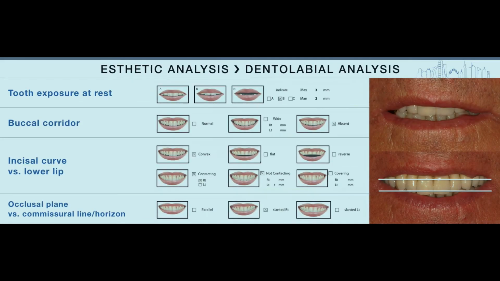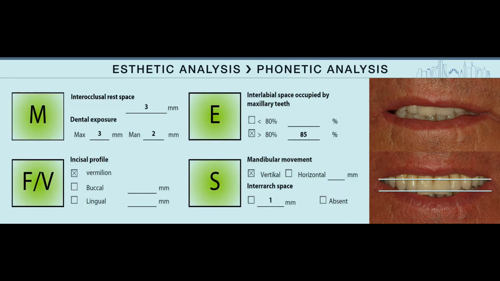Now, of course, we have further analysis for such cases. We have to go for the aesthetic analysis, and I think Mauro has a very nice app that can aid all clinicians in order to perform a proper aesthetic analysis.